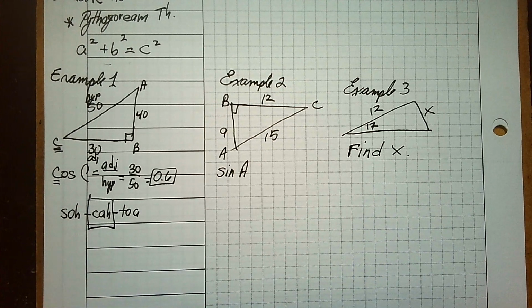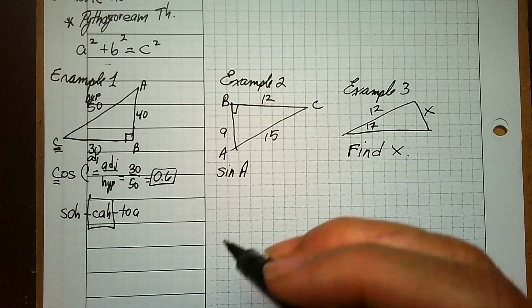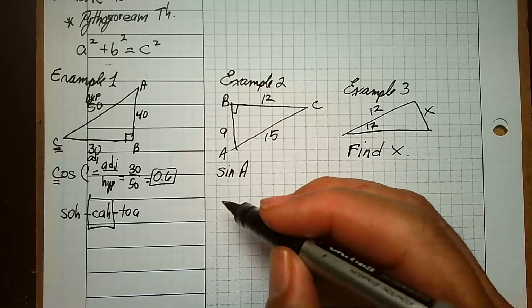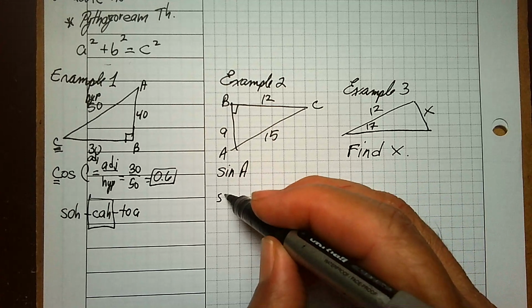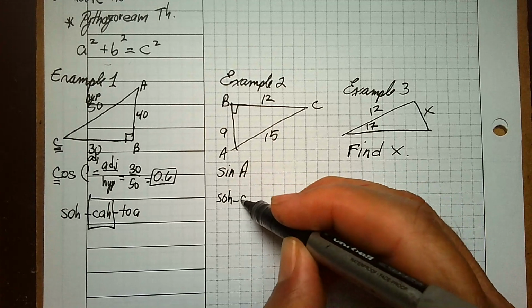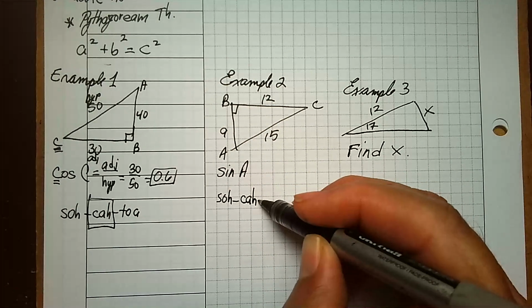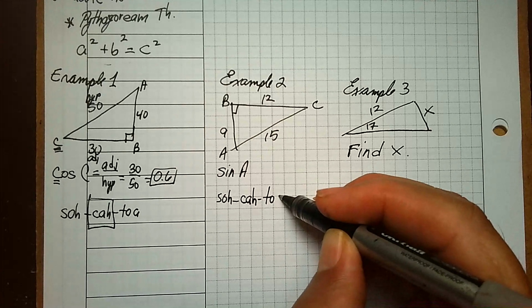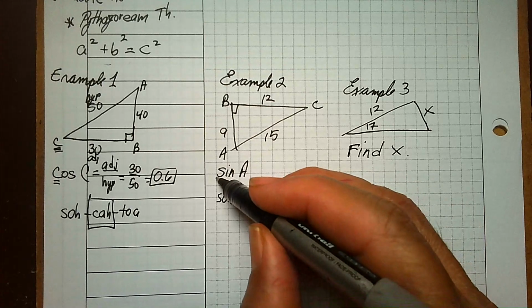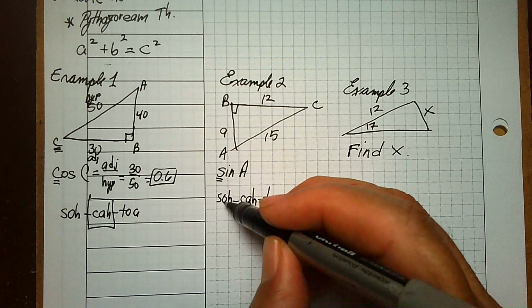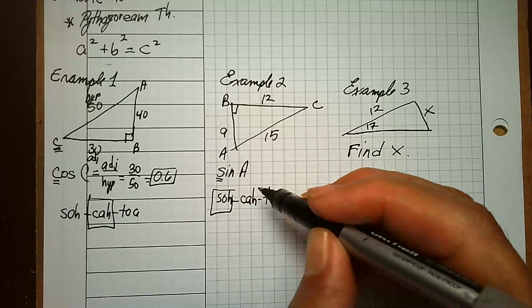Example number 2, they gave me another triangle, and this time they want me to find the sine of angle A. So I'm going to write SOHCAHTOA. Now this tells me which to use. The S is for sine, so I'll be using this.